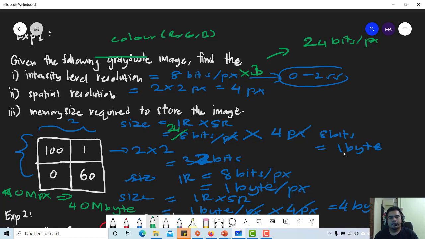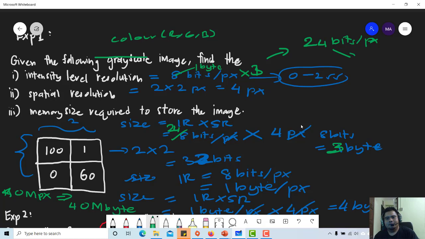I can also put the answer here as 3 bytes per pixel. Why do I know it is 3 bytes? Because 8-bit is 1 byte, so 1 times 3 you get 3 bytes.